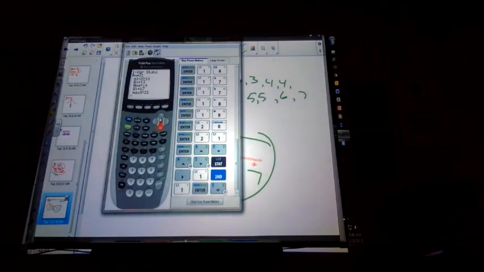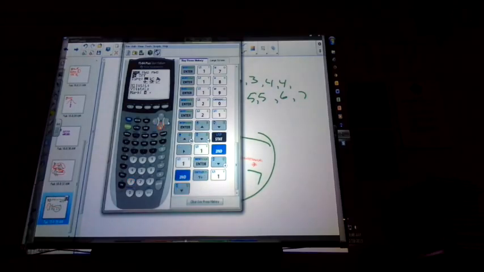Now, on the graphing calculator, if we wanted to take a look at what our graph looked like, I'm going to go second, stat plot. I'm going to make sure my stat plot's on. I'm going to go to number 1, it's on. And I'm going to go down to the type. And I want to make it look like a histogram.